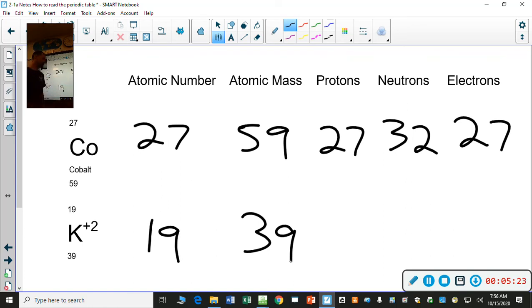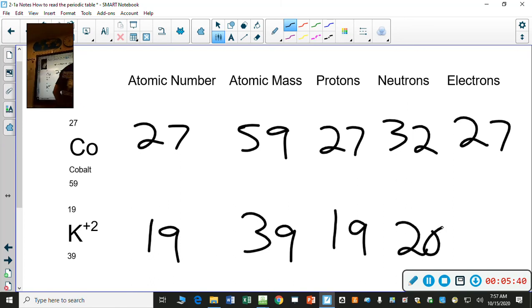I apologize. What it should have instead, it's going to have 19 protons still. That's going to be equal. Neutrons still are 39 minus 19. So if you do 39 minus 19 in your calculator, you'll get 20.